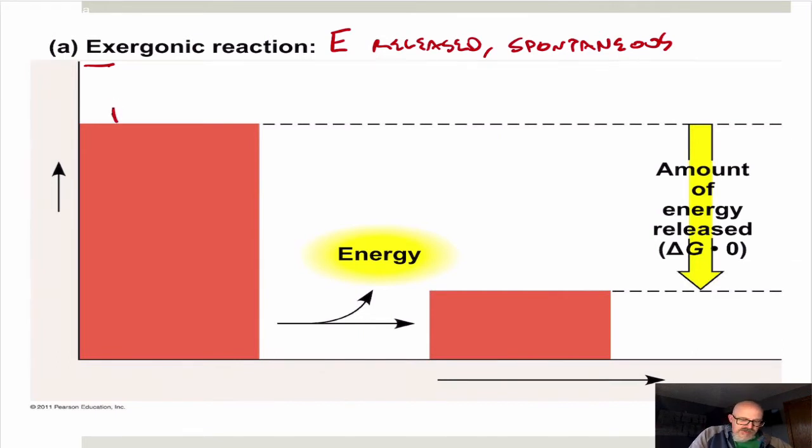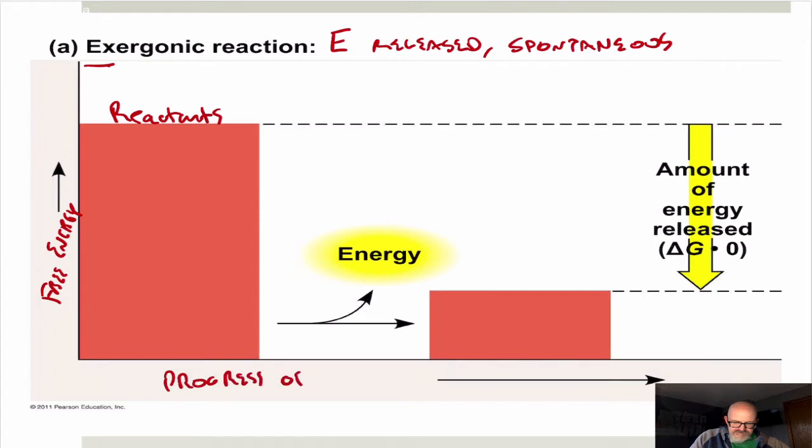So if you look here, these would be your reactants, right? And this up here is your free energy. In other words, those reactants have a lot of available energy. And as the reaction progresses, this is the progress down here, Rxn is reaction.